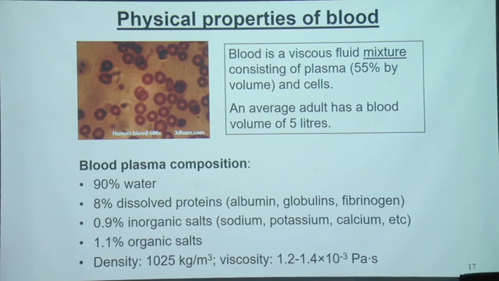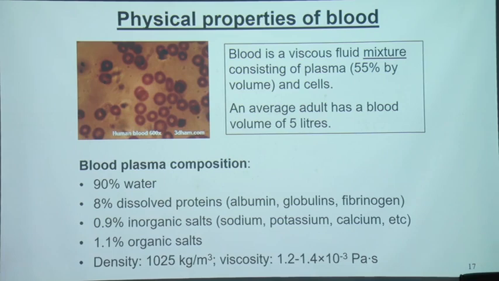So first, let's look at the physical properties of blood. We know that blood is a viscous fluid, and it's a mixture of plasma and blood cells. Typically the plasma occupies about 55% by volume of the blood, and the remaining 45% are cells.